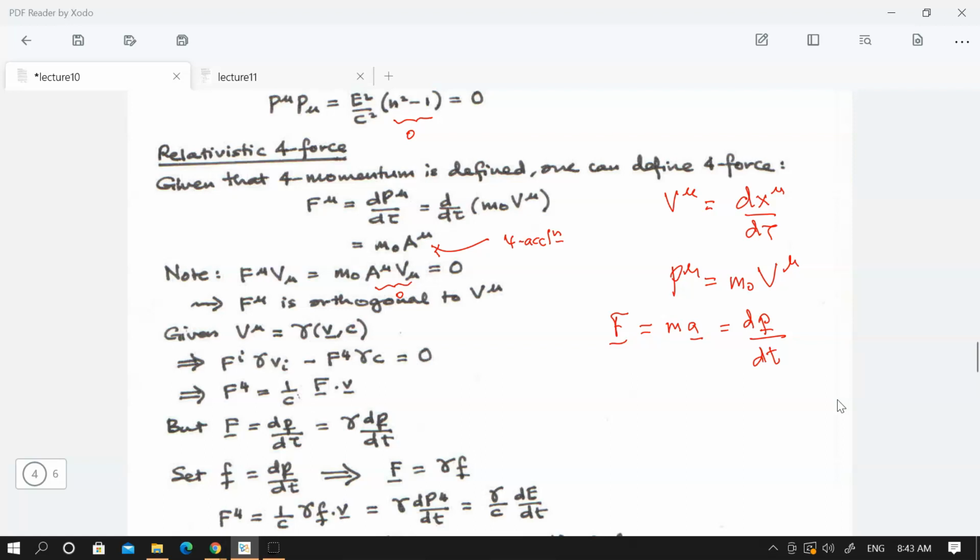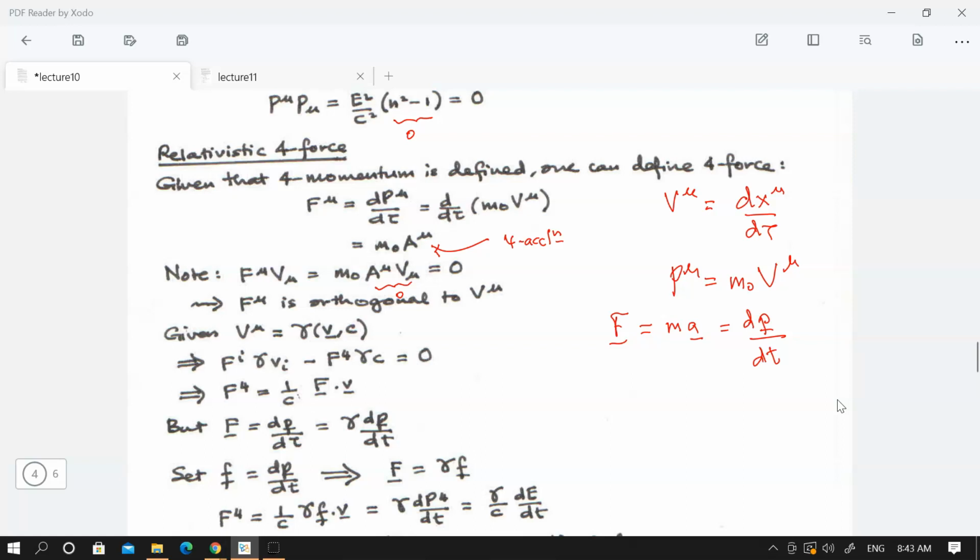Now we have not gone through what the components of this f mu are supposed to mean, so we try to do that. Our v mu previously was given by your relativistic factor times your three-dimensional velocity, and your fourth component is just c.